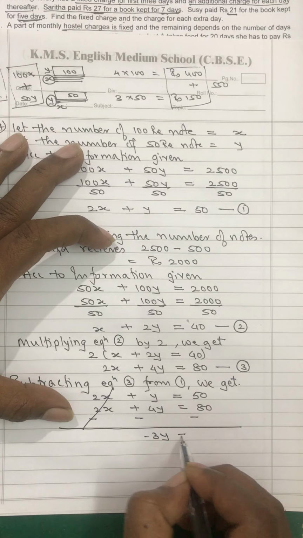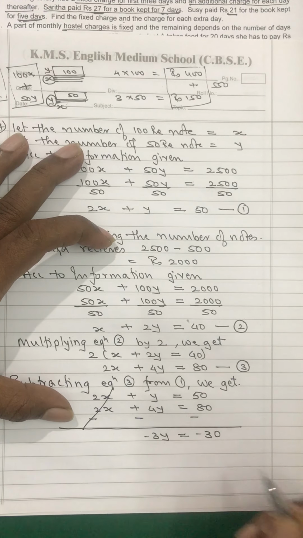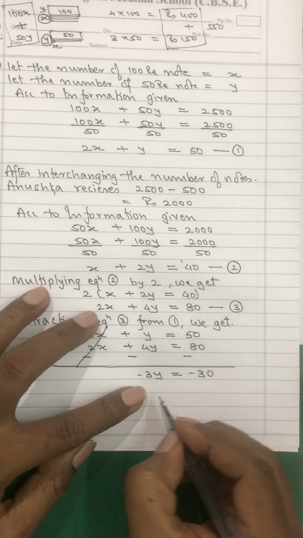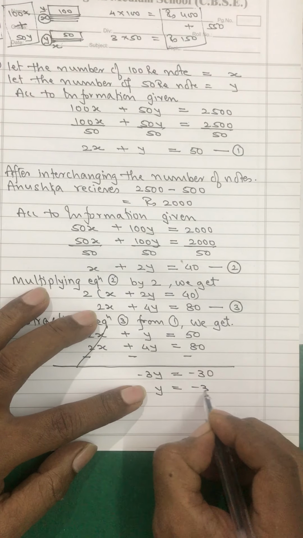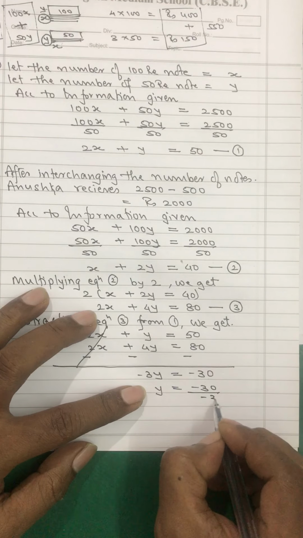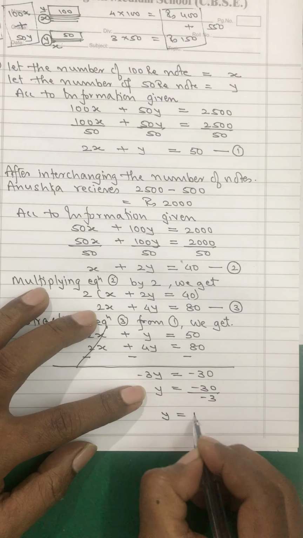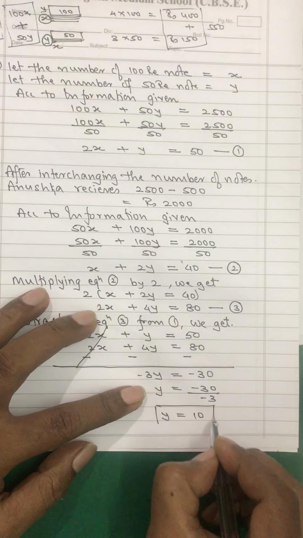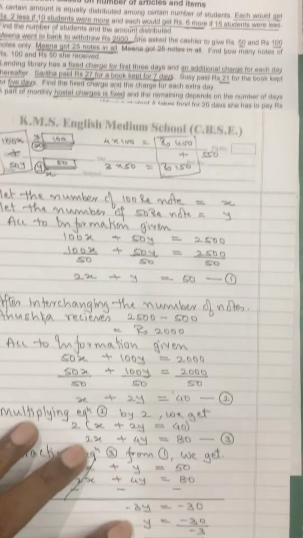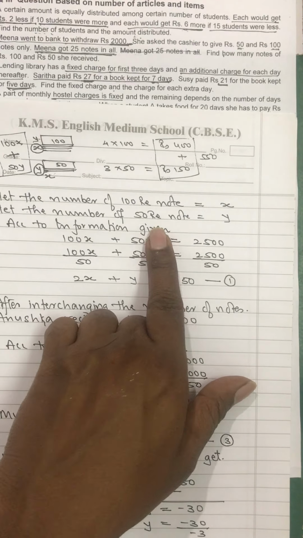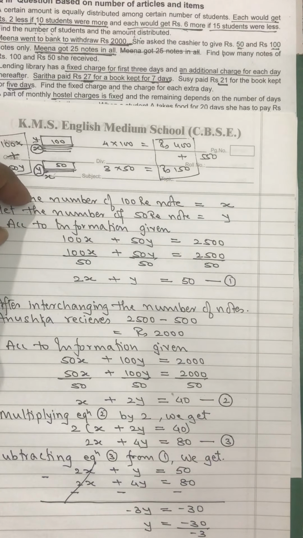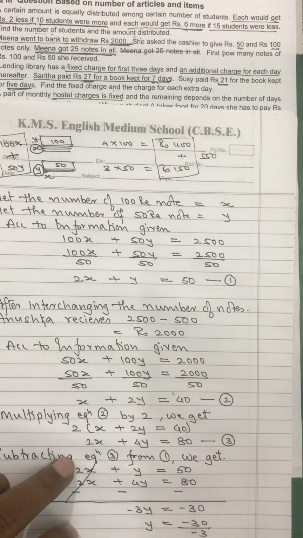Minus 3y, this will give you minus 30, 80 minus 50, 30, so you will get y is equal to minus 30 upon minus 3, which is 10. So there are 10 50 rupees notes. You have to take the original numbers, not these interchanged ones.